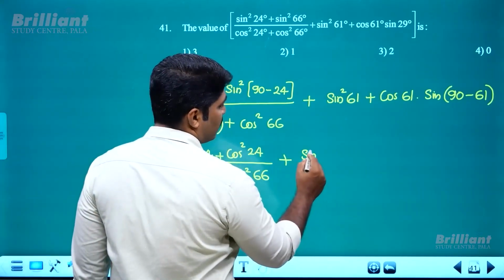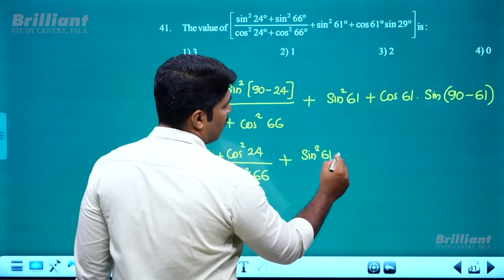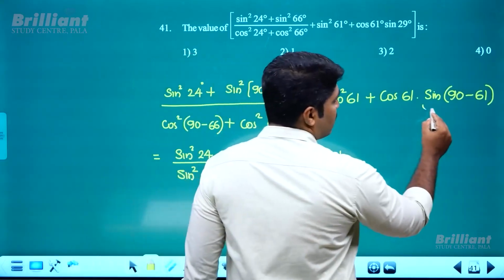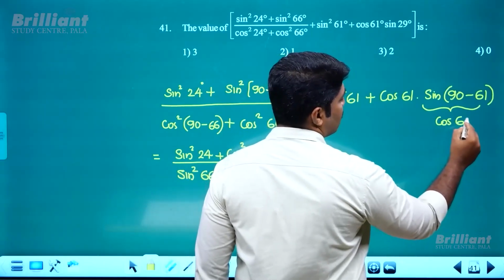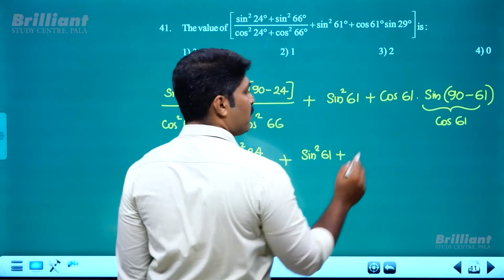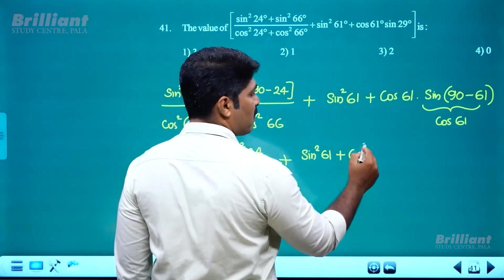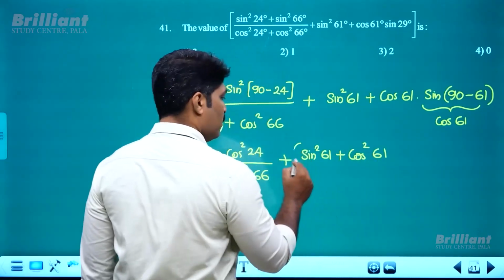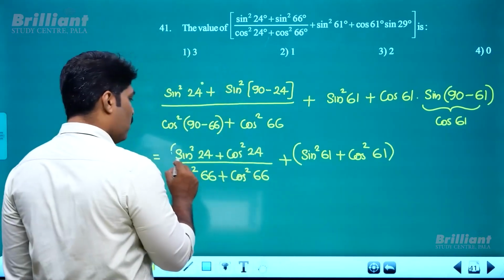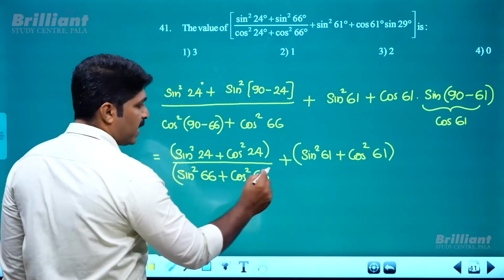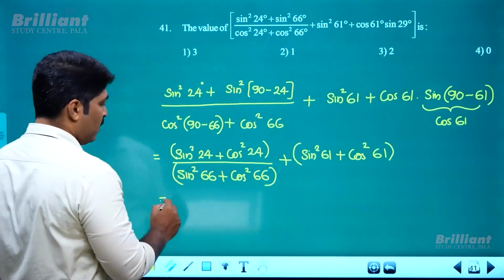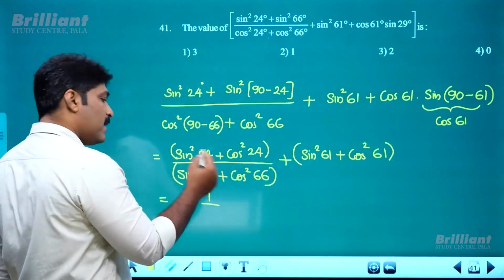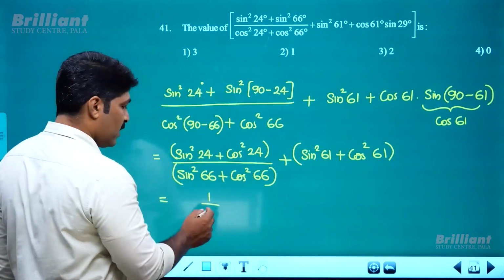Keep it in that form itself: sine square 61 plus, what is the sine of 90 minus 61? That is cos 61. Cos 61 into cos 61, we can write it as cos square 61. So we can consider each of these expressions in the brackets. Here this is sine square theta plus cos square theta, that's equal to 1. And on the denominator, that is another sine square theta plus cos square theta, that's another 1.